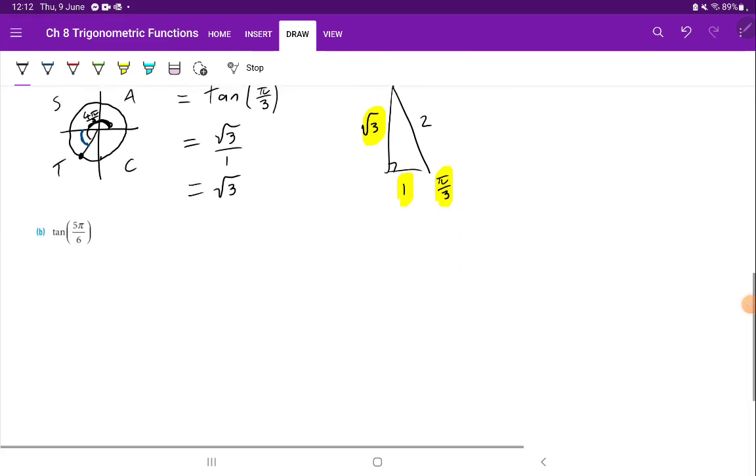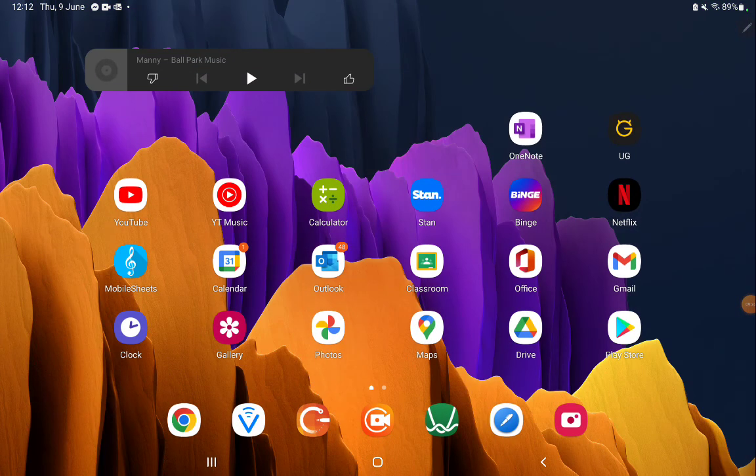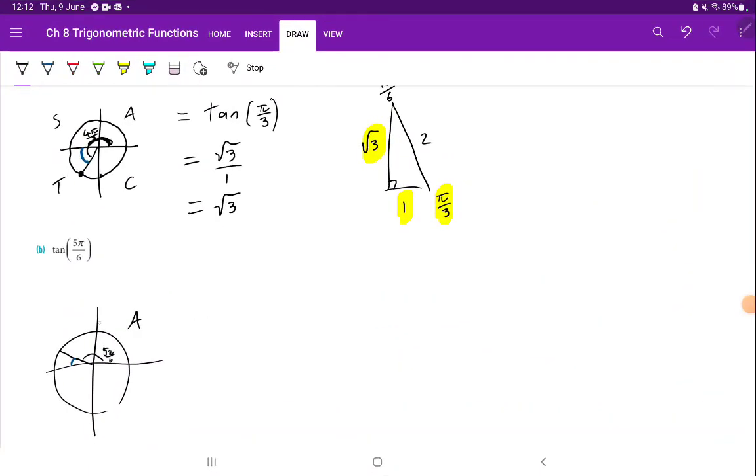Let's do this last one. Unit circle. That's 5 pi on 6. Nearly a whole pi, but not quite. And the reference angle, all stations to central. It's in the sine quadrant, which means it's going to be negative.